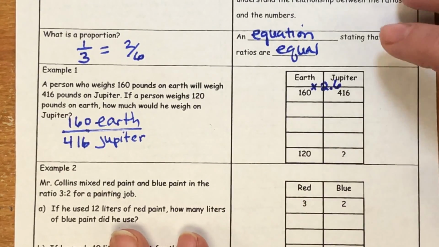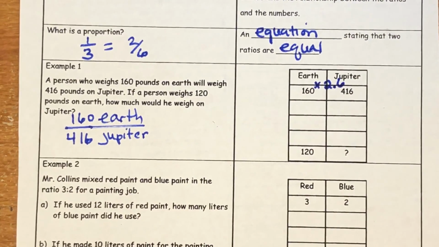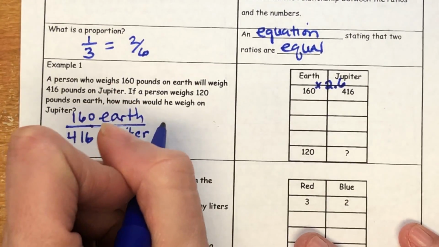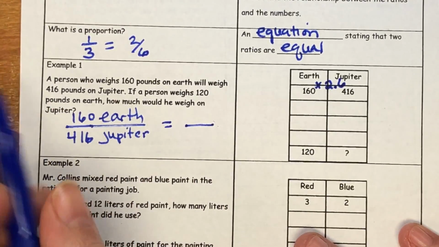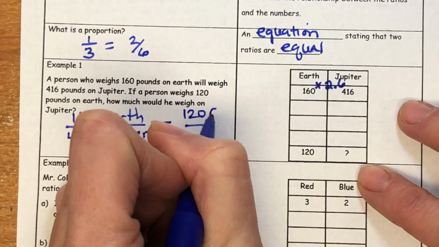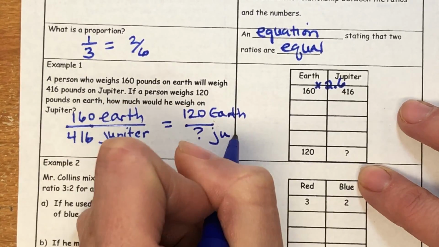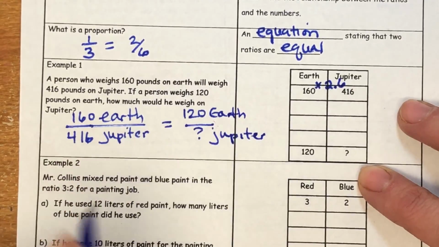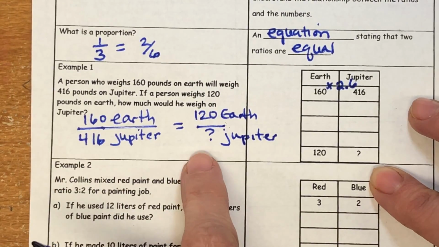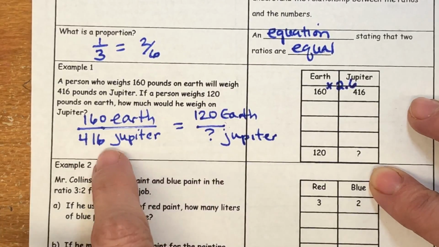So remember that these ratios are equivalent in this table. So basically I want to know how much he weighs on Jupiter. If I know they weigh 120 on Earth, how much does he weigh on Jupiter? Remember that I'm actually setting up a proportion, and a proportion is stating two equivalent ratios.